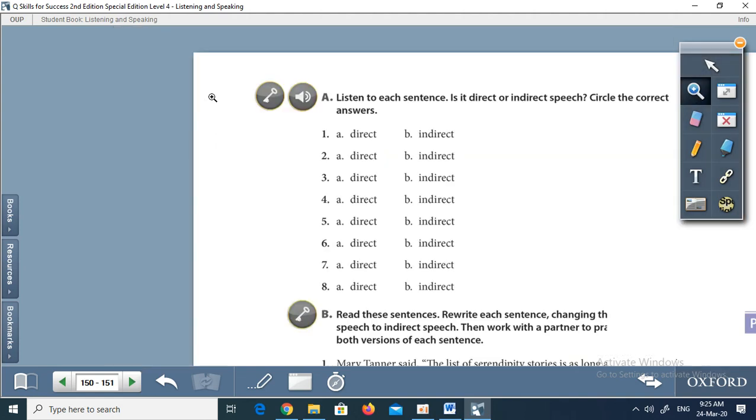Exercise A is pretty simple. It's a listening exercise. What I need you to do, we are going to listen 3 times, and then you must circle either A if the sentence is in direct speech, or B if it is in indirect speech.